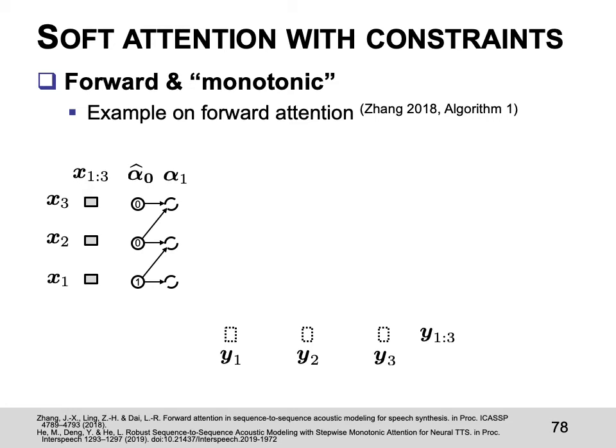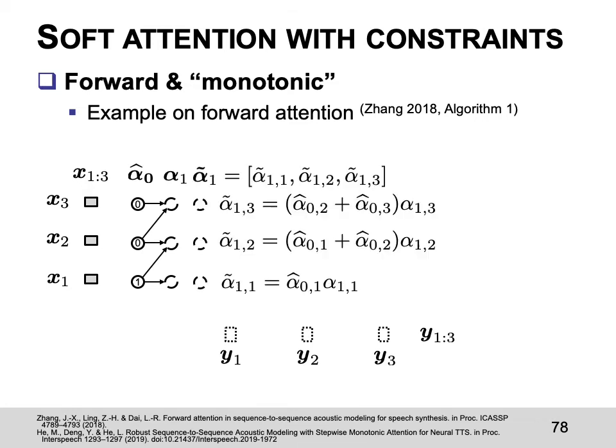Furthermore, we constrain that alignment can only stay at the same input step, or it can only transit from the previous time step to the next time step, like the left to right HMM. Based on these conditions, we can recompute the alignment vector like this, alpha 1 tilde.